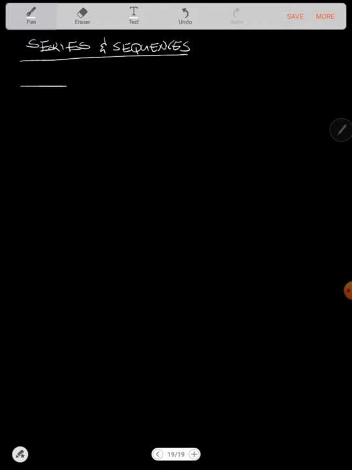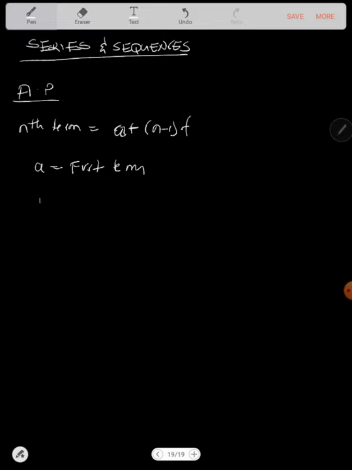Now in this case, we have the AP series, also the GP. The AP has what we call the nth term, which is given by A plus N minus 1 times D, where A is the first term of the sequence, N is the number of terms, and D is the common difference.